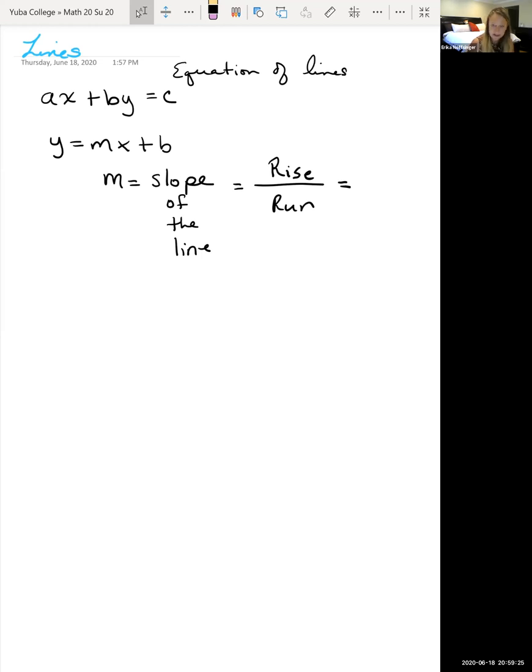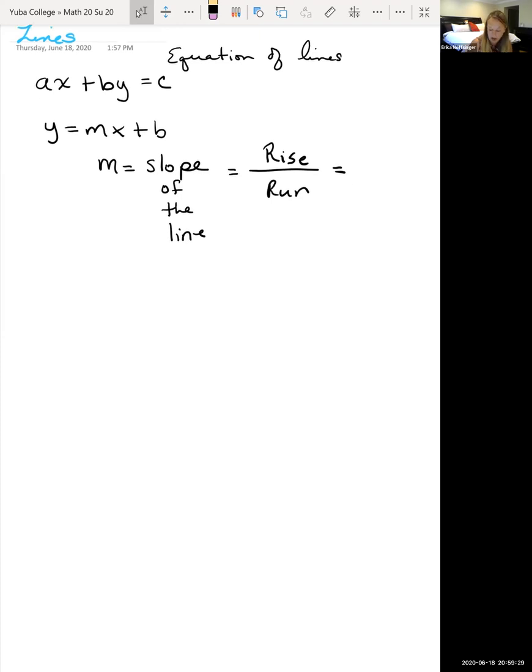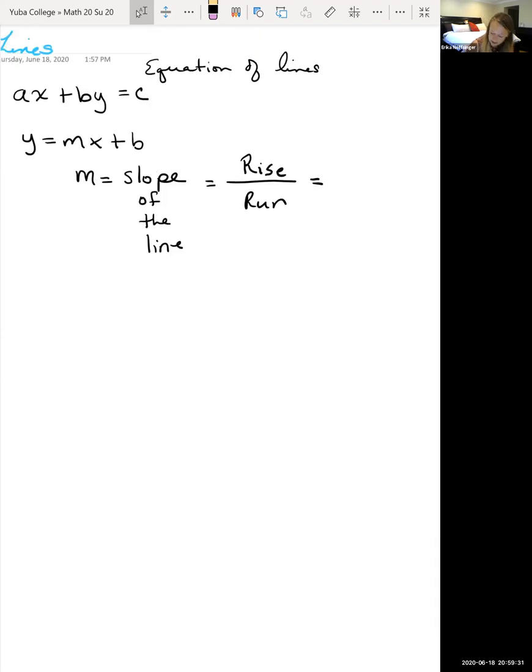So rising and falling are your y values of your graph. So to find that, if you're given 2 points, you can look at the difference of your y values, all over the run, which is the x value, so all over the difference in your x values.